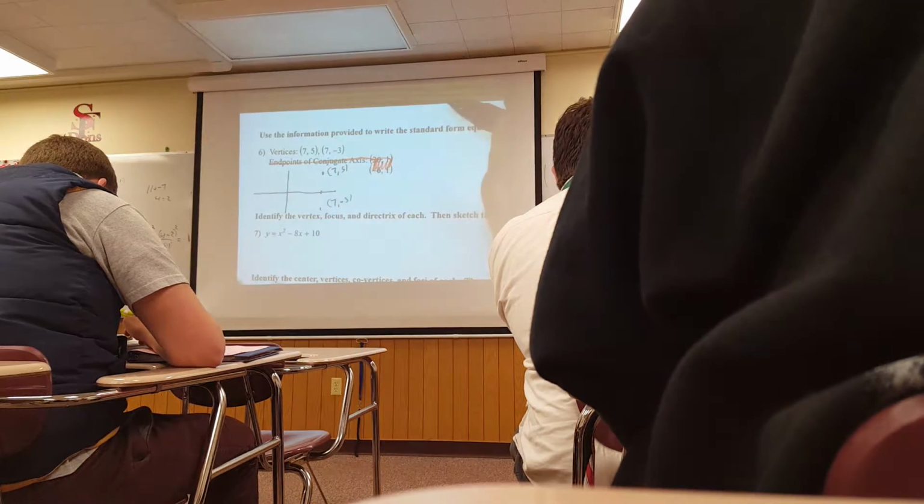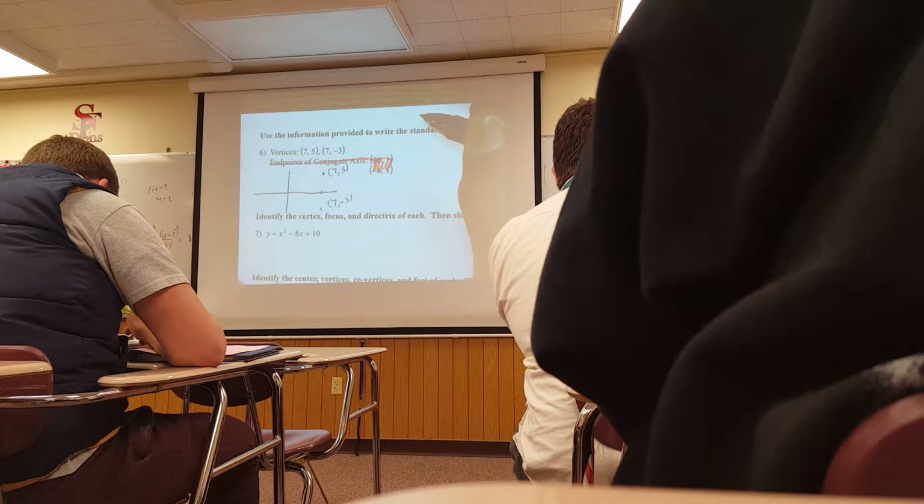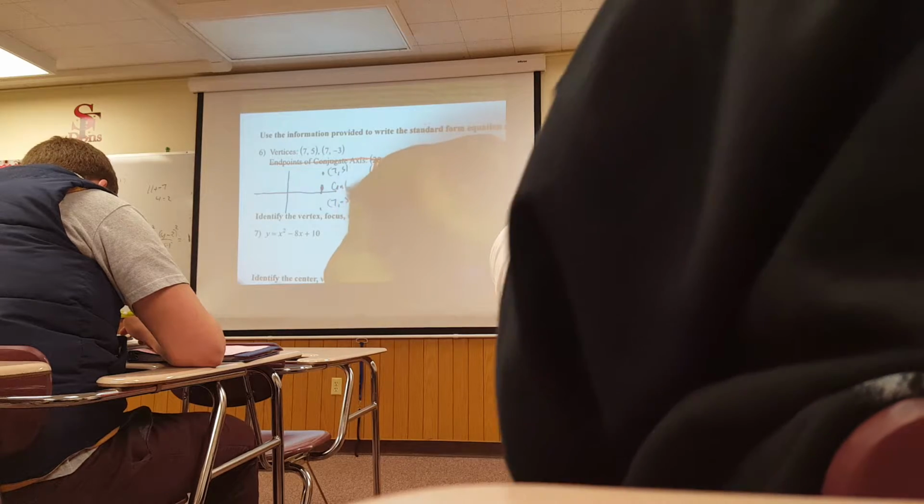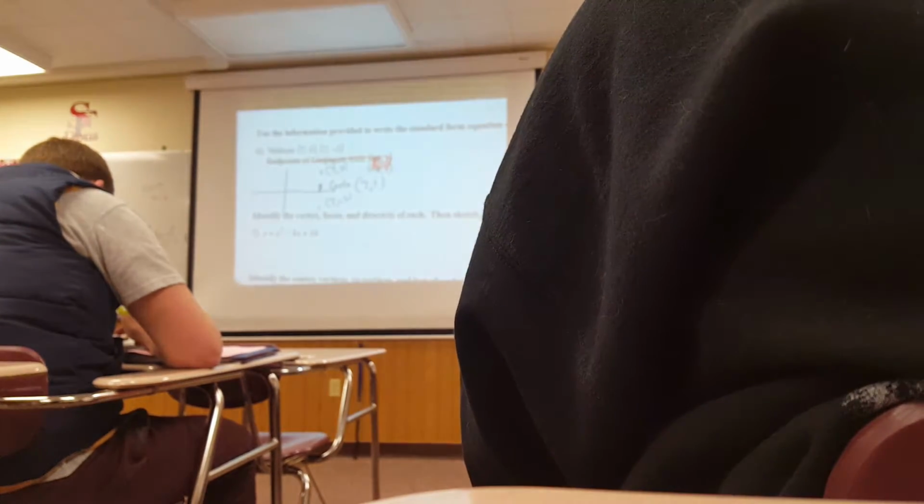Okay? So where's the center going to be? 7, 1. So right there is the center at 7, 1. Okay? So I know now this one has to go up like this and down like this, okay?